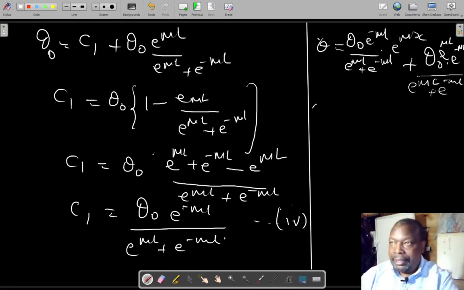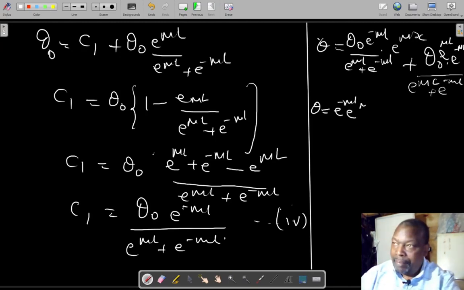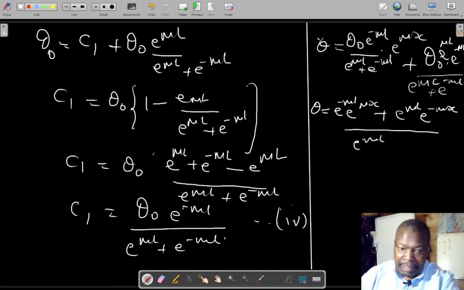So we can say that theta is equal to theta naught times (e^(-mL) e^(mx) plus e^(mL) e^(-mx)) divided by (e^(mL) plus e^(-mL)).